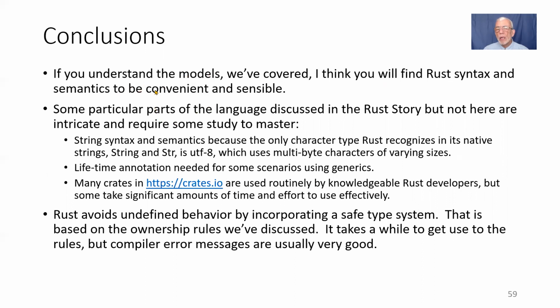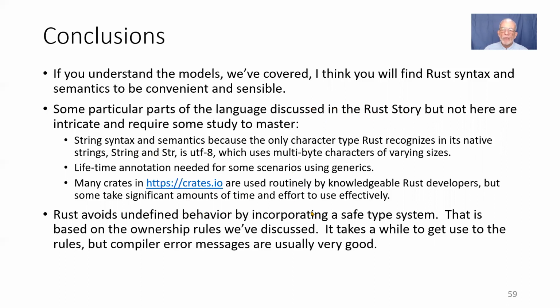I think these models are a good way to think about a language: the ownership model, the object model, and so on. On my website, I built what I call a Rust story, and these videos were extracted from that Rust story. I'll show you a link in just a minute to how you can get to that if you want to.